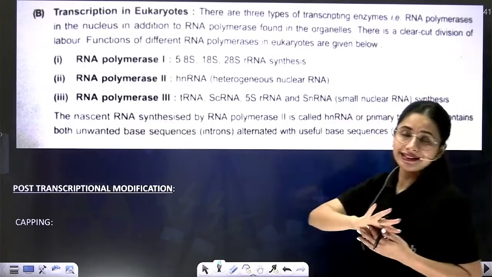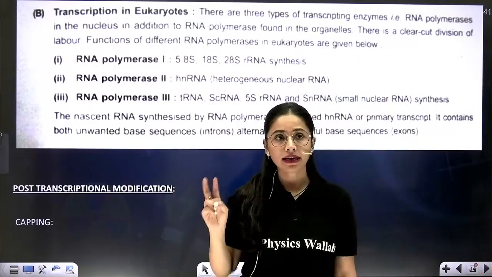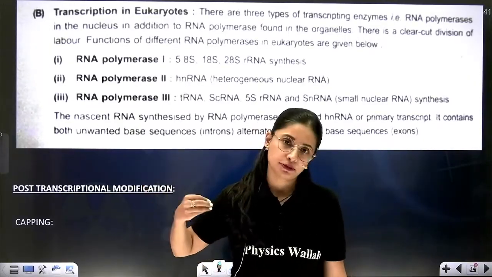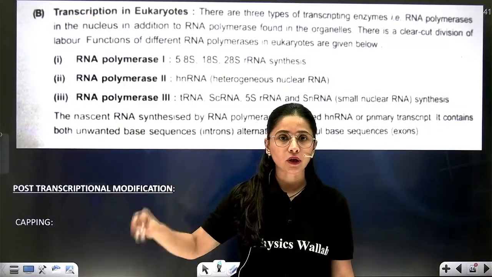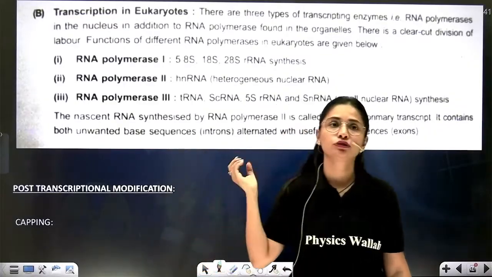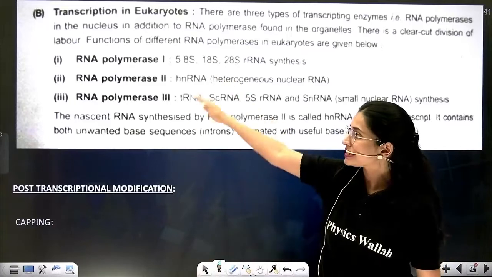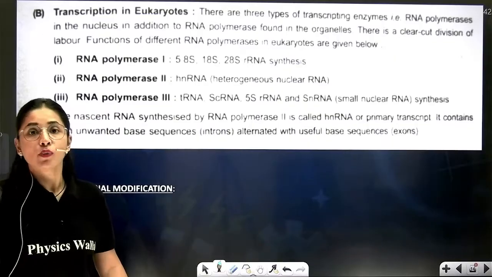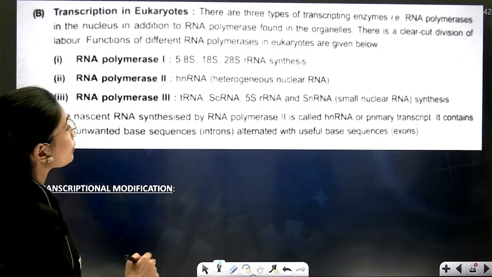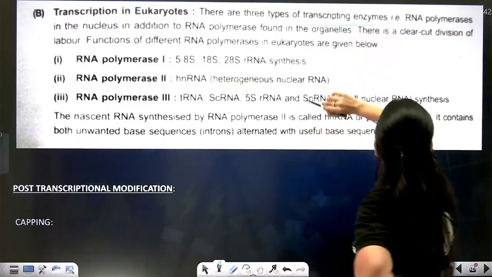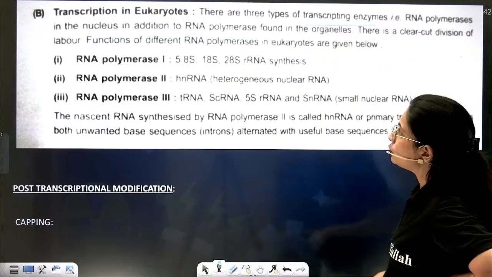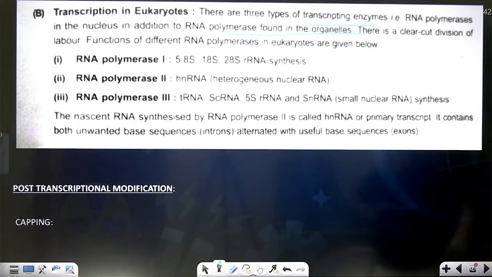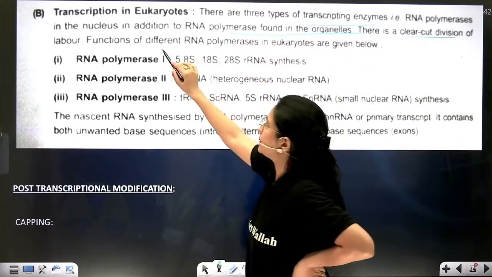I told you one thing, that in case of eukaryote, there are 3 different RNA polymerases required for transcription. But in case of prokaryote, only one RNA polymerase can do the same process. So just check out which RNA polymerase is required for the synthesis of which RNA. Read it. There are 3 types of transcribing enzymes, that is RNA polymerase, in the nucleus, in addition to the RNA polymerase found in the organelles. There's a clear-cut division of labor.